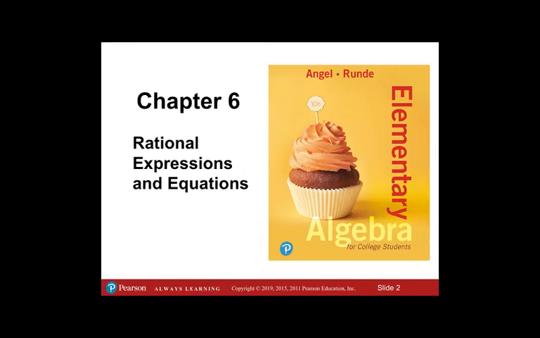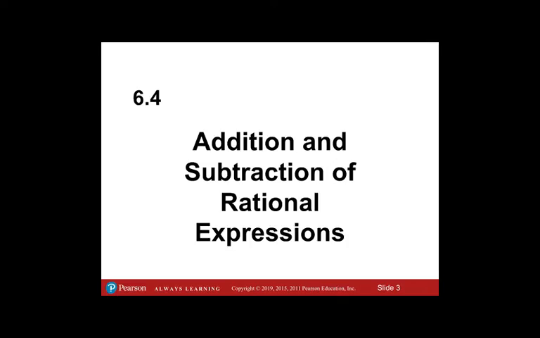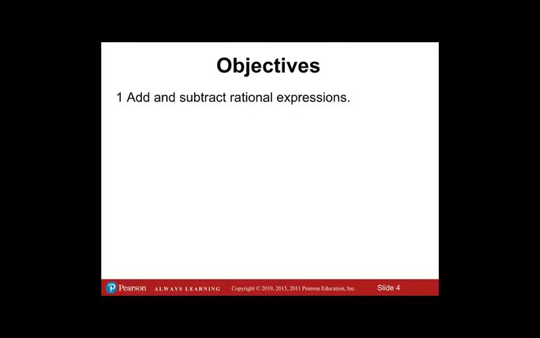So we want to continue the discussion today with chapter 6, rational expressions and equations, with section 6.4, adding and subtracting rational expressions with unlike denominators. Last time we looked at adding and subtracting rational expressions with common denominators.